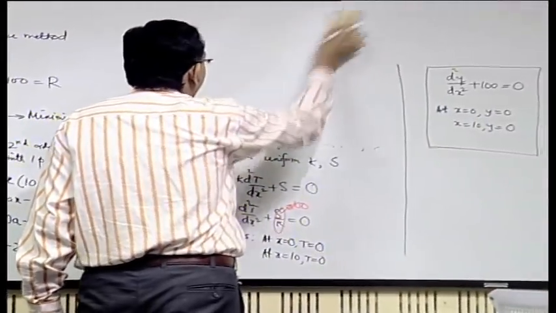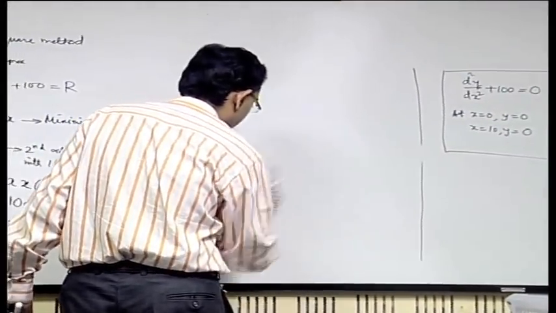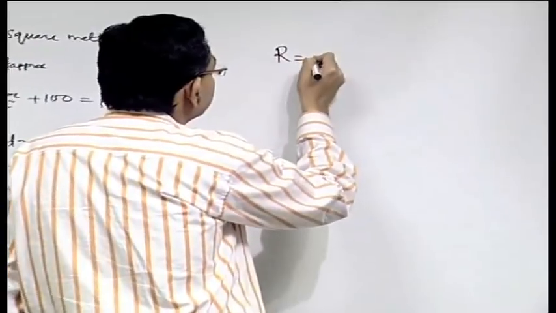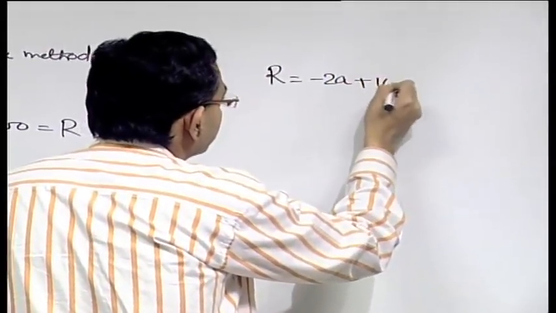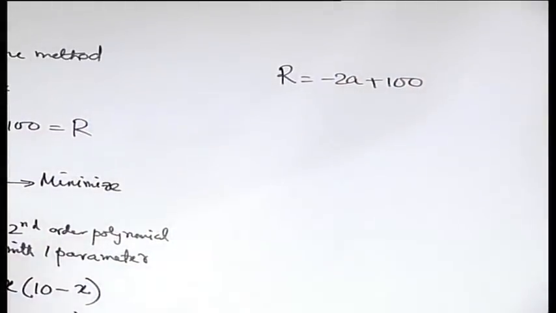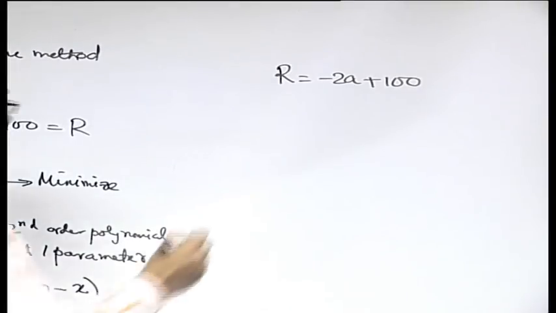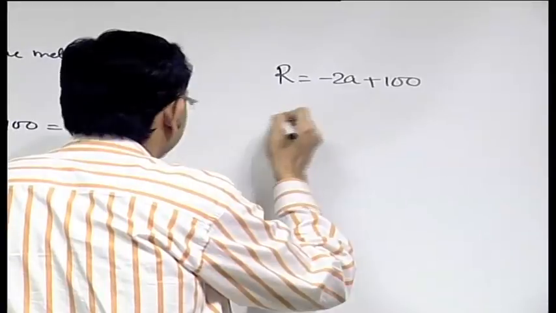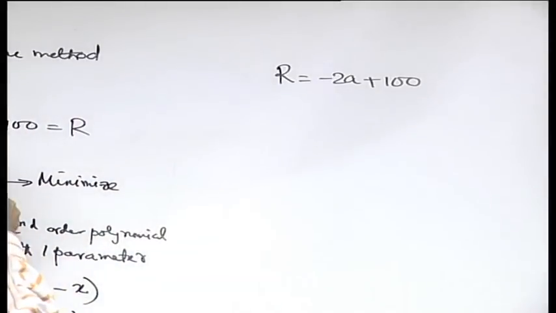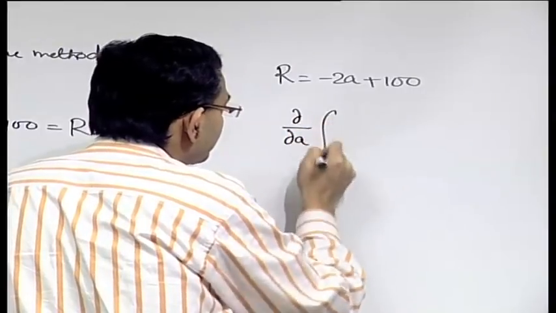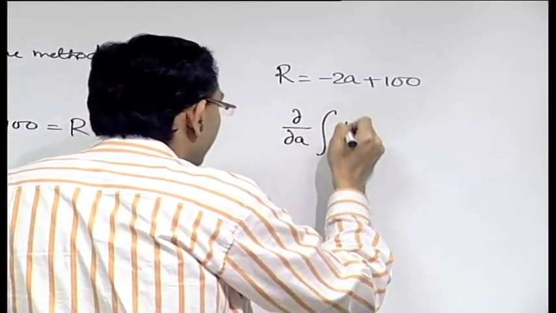So, what will be the value of r? So, r becomes minus 2a plus 100. Now, you have to minimize the integral of r square dx. That means you have only one parameter here, a.